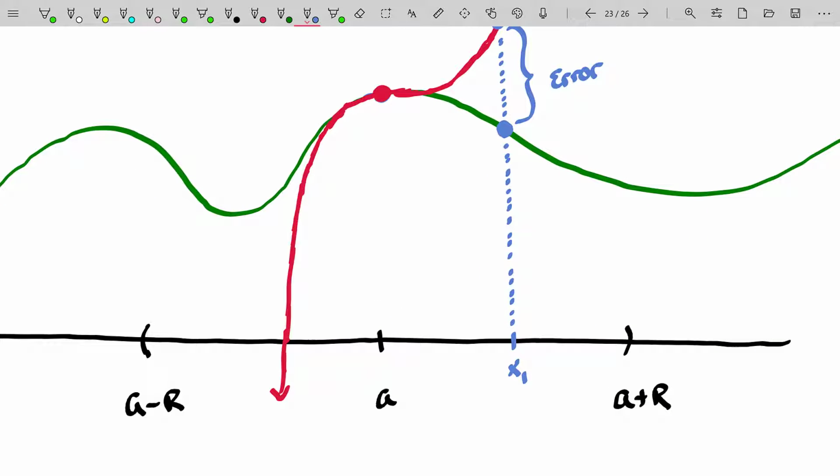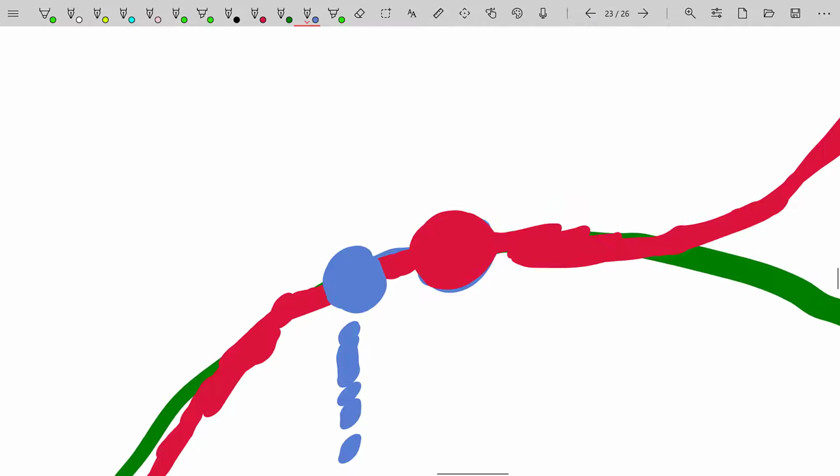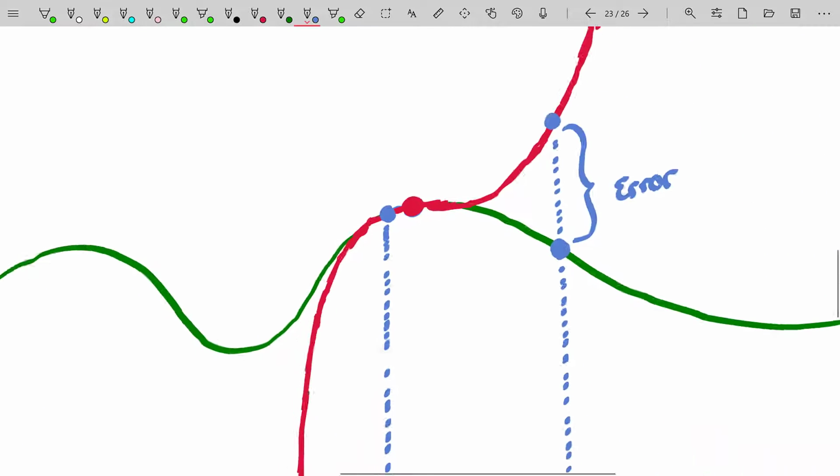So for example, if you took a look at x sub 2 right here, and you were to look at the true function's value at x sub 2, it is almost identical to our Taylor polynomial expansion at x sub 2. So the error is very minimal.